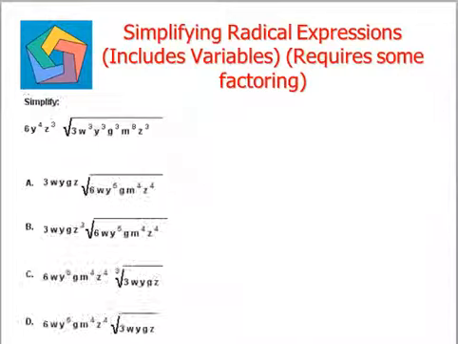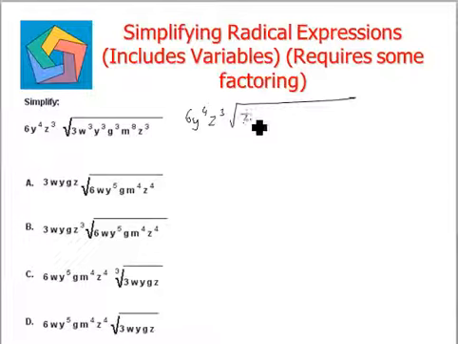Moving on to the next question. Simplify, and we're given 6 y to the power of 4 z cubed times the square root of 3 w cubed y cubed g cubed m to the power of 8 z cubed. So now we can write this down as 6 y to the power of 4 z cubed.